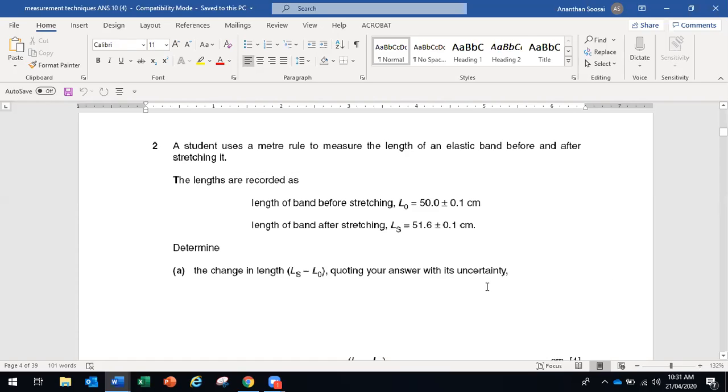With its uncertainty. So the change is how much? LS minus L0, 51.6 minus 50. The answer will be 1.6 plus minus how much? Anyone? 0.2. Yes, it's going to be 0.2, LS plus L0 uncertainty. Beginning is always easy. So 1.6 plus minus 0.2 is the answer.